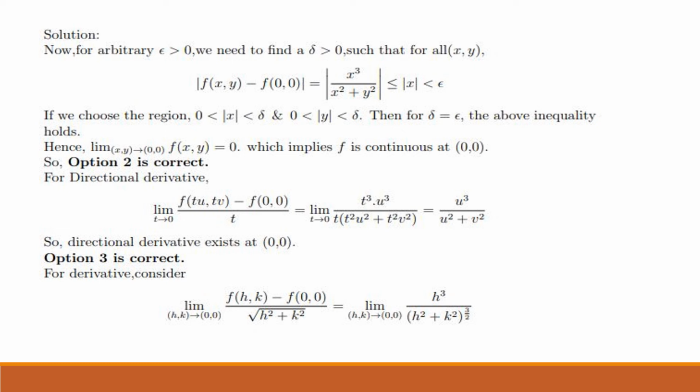Now, for the derivative, consider the limit as (h, k) goes to (0, 0) of (f(h, k) minus f(0, 0)) divided by the root of h square plus k square. That means the limit as (h, k) goes to (0, 0) of h cube by (h square plus k square) whole to the power 3 by 2, which is a homogeneous function. So, for that case, put k equal to mh and consider the limit.